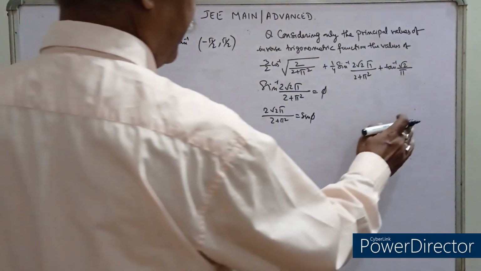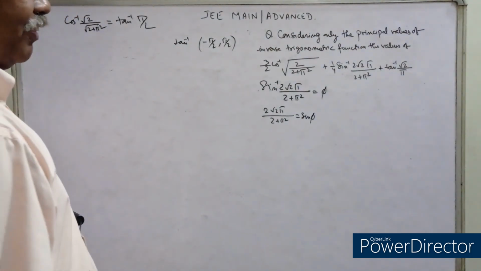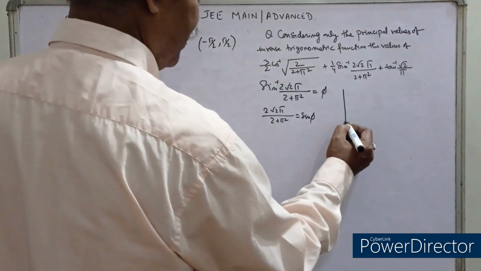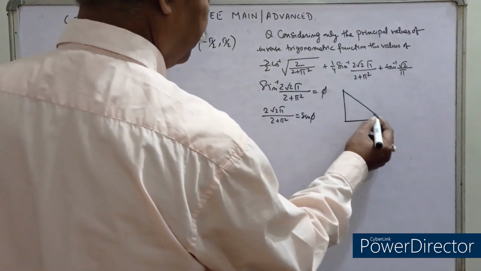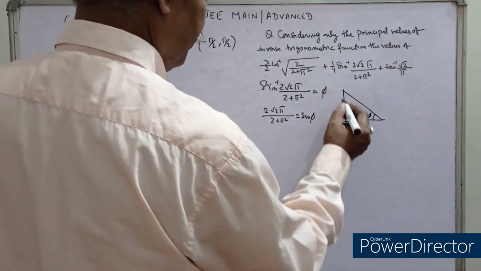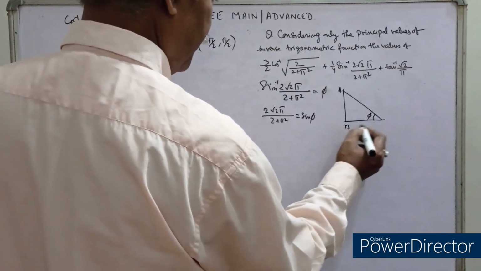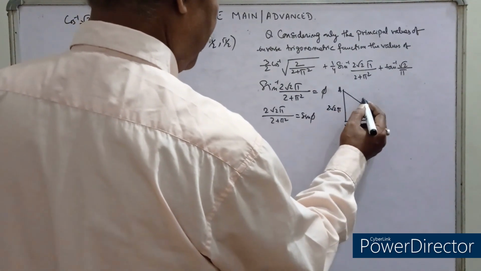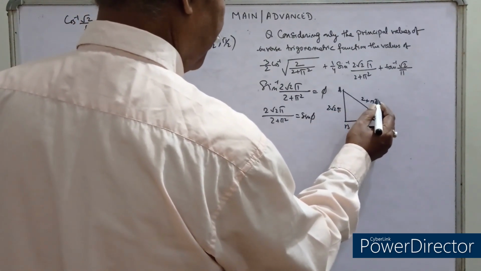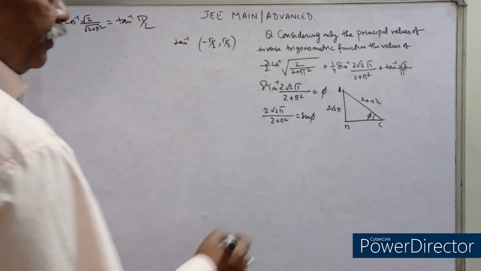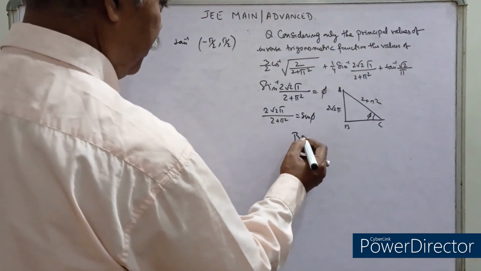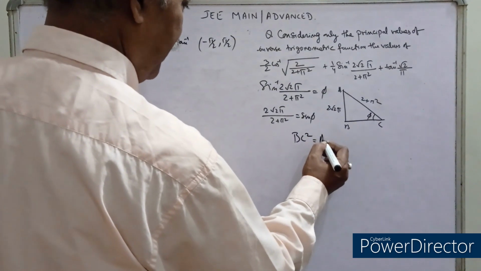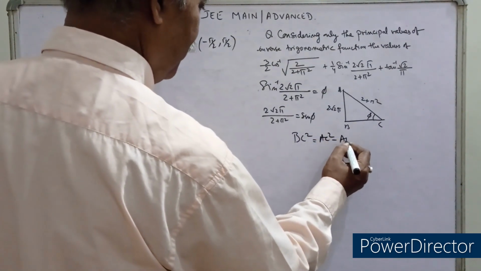Now when I apply the right angle triangle, here you will see that this is phi, triangle ABC, perpendicular 2 root 2 pi, hypotenuse 2 plus pi square. So your BC square will be AC square minus AB square.